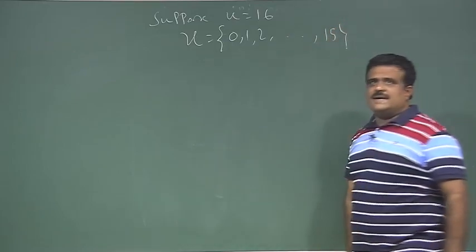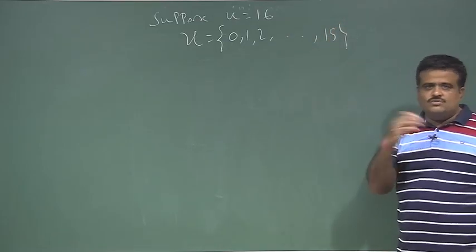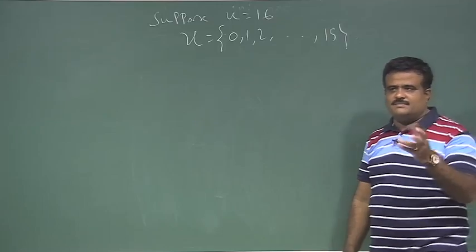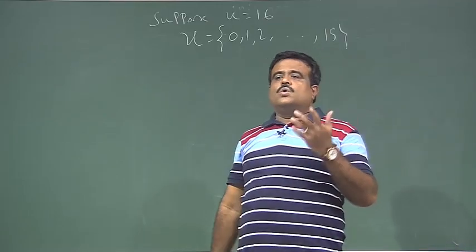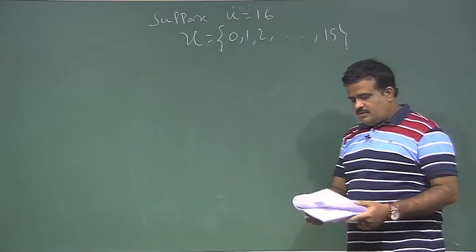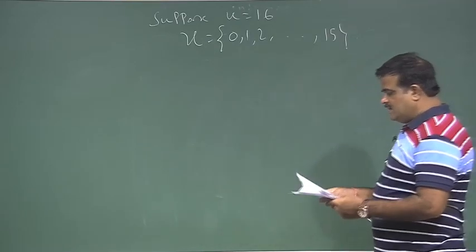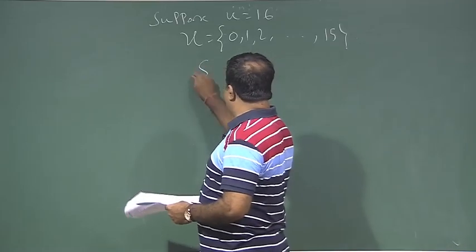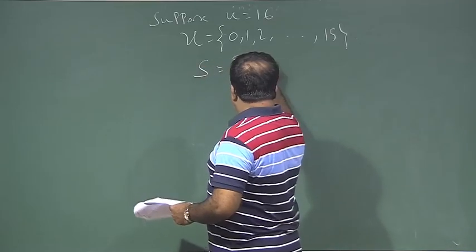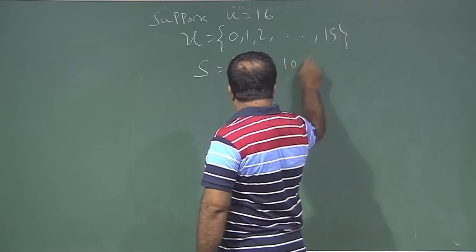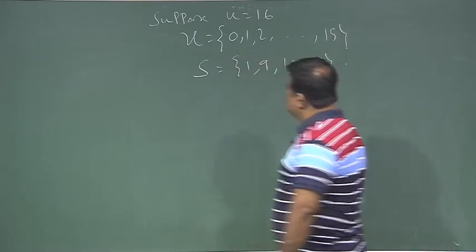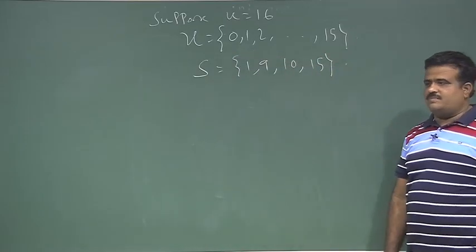Our set is coming from this universe. We know the dynamic set S has elements coming from this. Now suppose at some point of time S is, say, 1, 9, 10, 15.